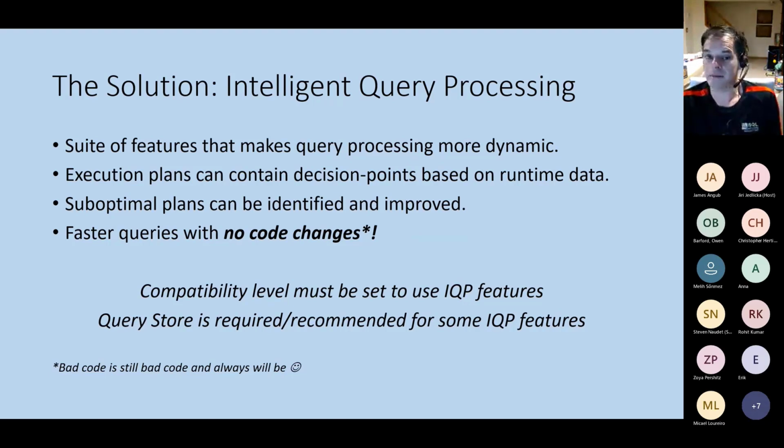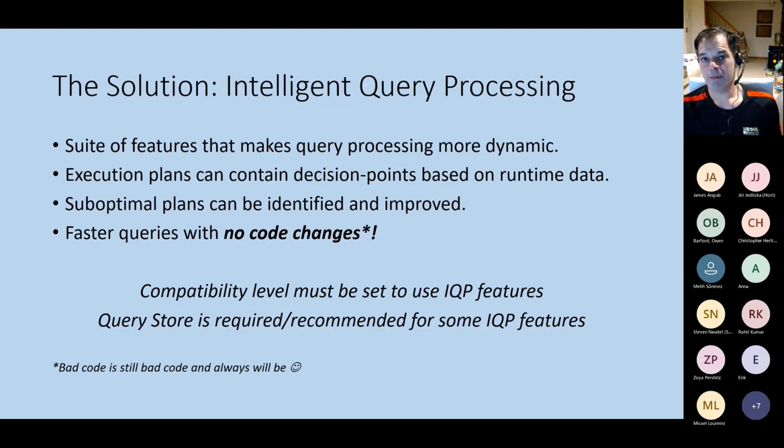Which one's really the right one? And so the execution plans can have decision points in them that say, all right, well, depending on how things go at runtime, you can do this, or maybe this. That's a big deal because now I can make a better decision, getting more data and more information later. We can also go back afterwards and say, you know what, we made a lousy plan, let's make it better.